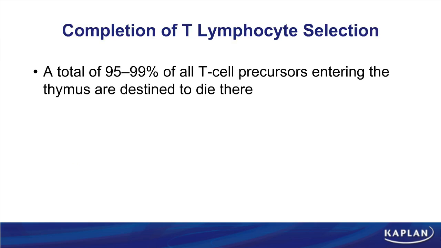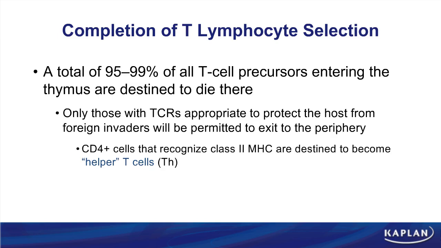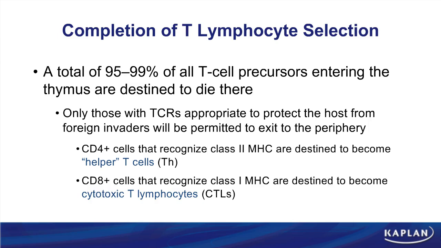At the completion of T lymphocyte selection, a majority of the cells that enter the thymus will die within the thymus. Those that have survived have undergone positive selection as well as negative selection, and are then going to be termed single positive. Single positive indicates that the cell either expresses CD4 on their surface or they express CD8 on their surface.